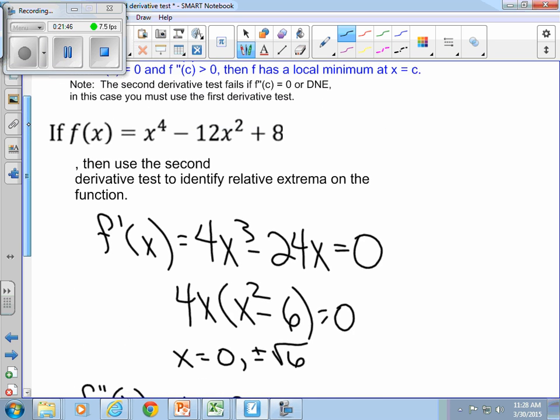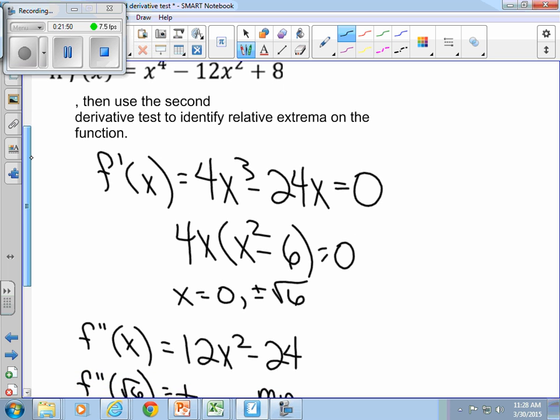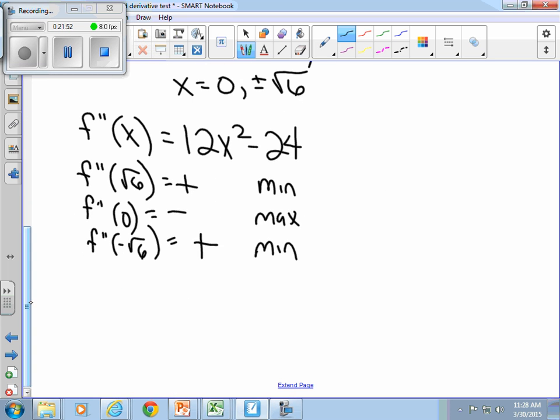Yes. This did ask me to find the relative extrema. Have I done that yet? Close. What do I need to do to actually find a y? I need a y value. But I did identify which ones are maxes and mins. To find the y value, I have to go back to the original.